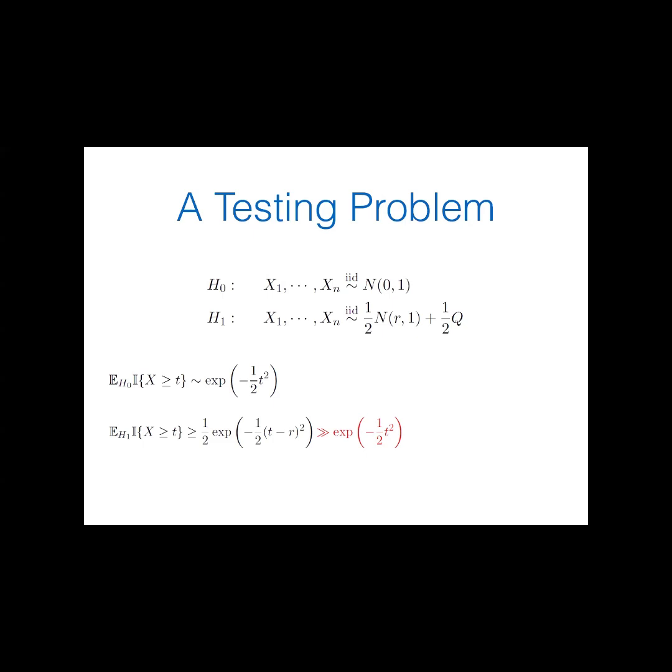Okay? But actually, if you want to do the hypothesis testing, you don't have access to these expectation numbers, right? So you only have access to the empirical version, which is the empirical average of these indicator functions. So what you also need is the concentration between the empirical average and expectation, right? And since here we are dealing with the empirical average of these indicators, and the indicator is binary, it is just a Bernoulli random variable.